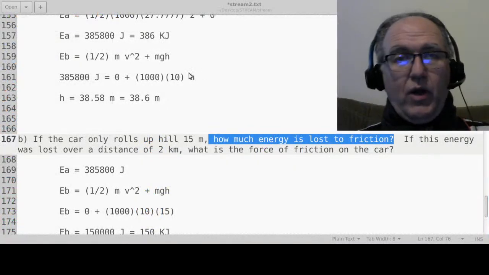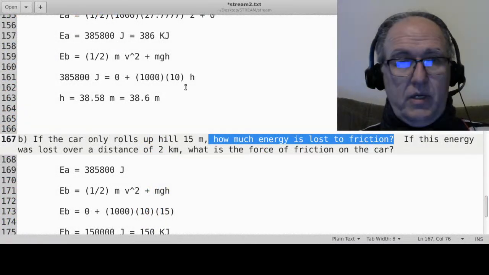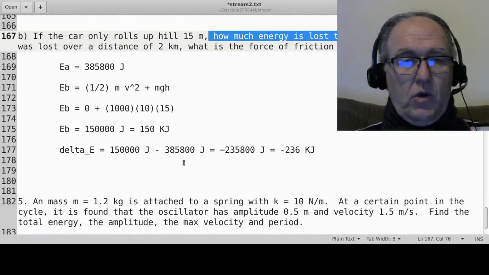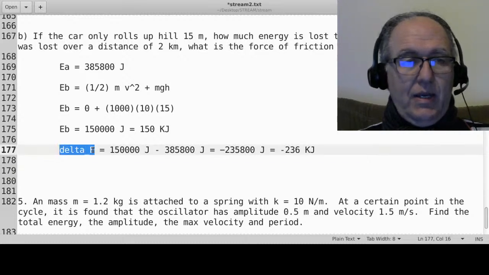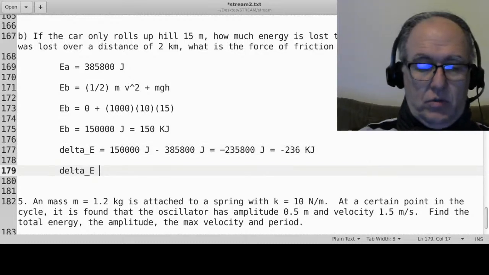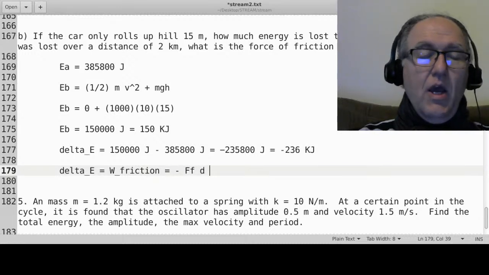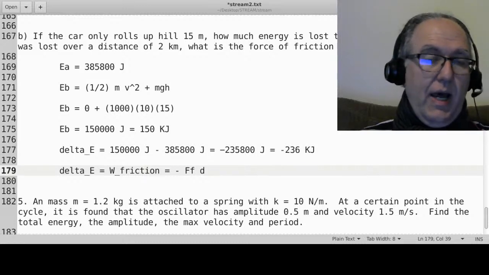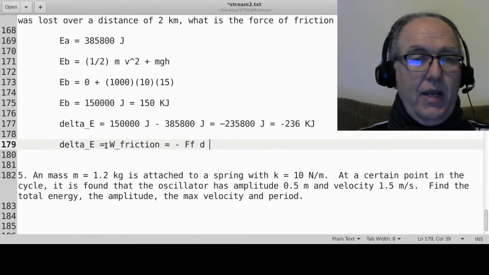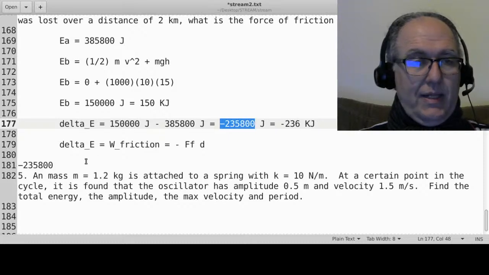Well, you can work out how much friction there is because there's work due to friction. So this delta E is actually equal to the work due to friction, and the work due to friction can be calculated as minus FF, the force of friction, times D, the distance over which the force acted. That delta E is this number right here, so we can put that down there.